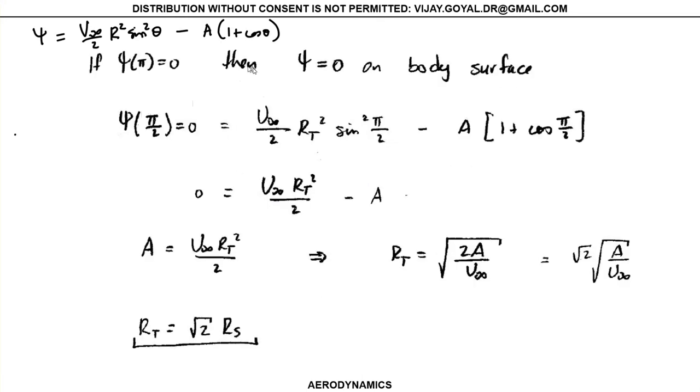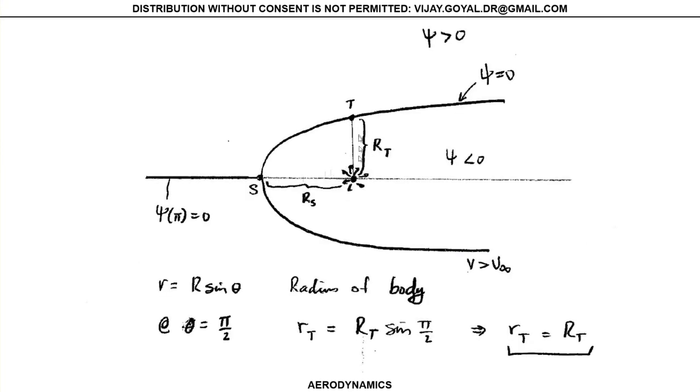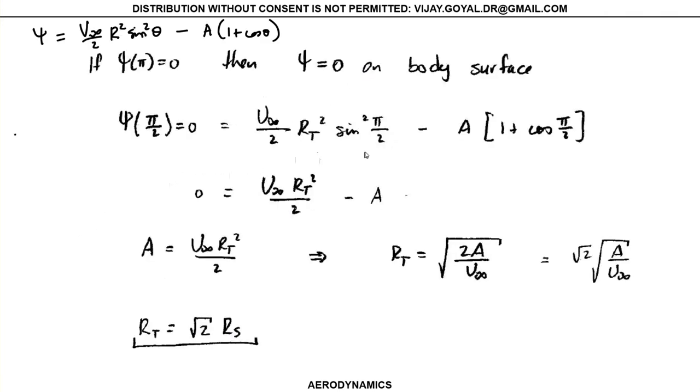Then I can replace theta by pi over 2 all over the place. Why? Because I want this location, and this location right here is pi over 2. This location here is pi. So if I put a pi there, I find the first equation. This has to be 0. Pi over 2, sorry.